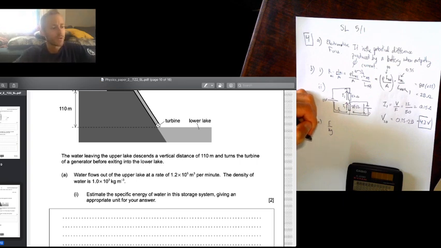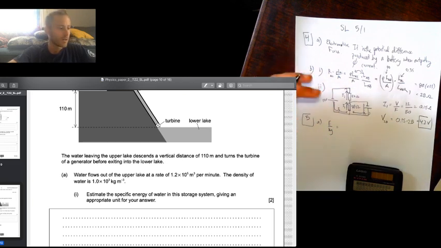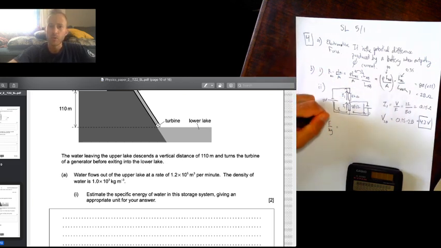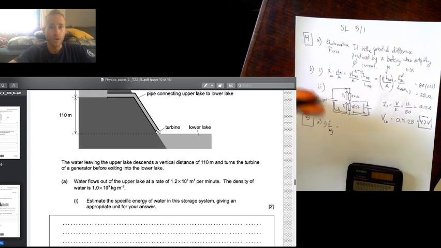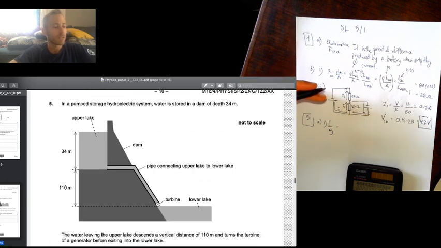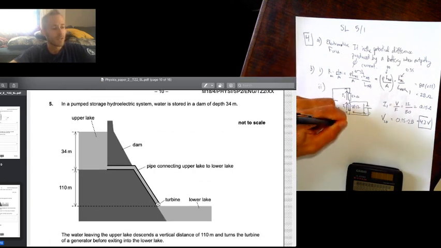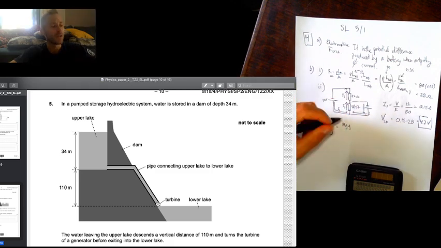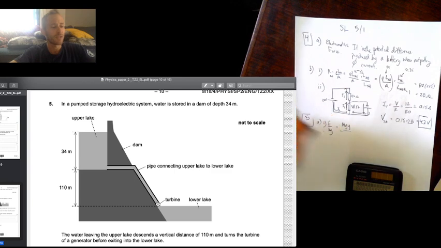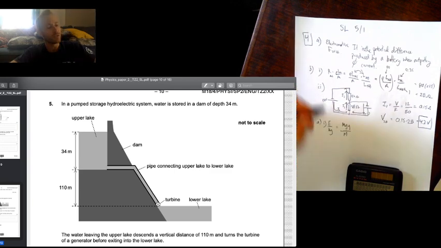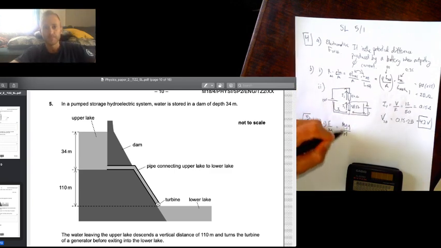So if we think about what kind of energy the water has, it has gravitational potential energy, so it has mgy. And then if we look at how much mass it has, it just has m. So we see the masses cancel out.